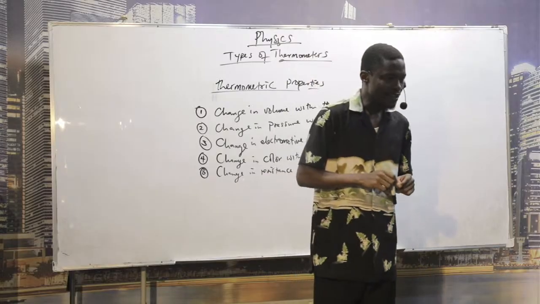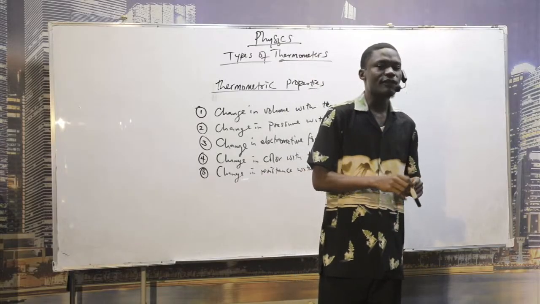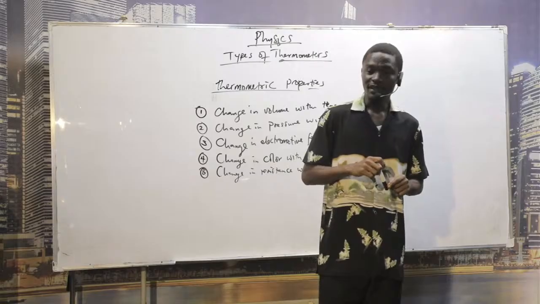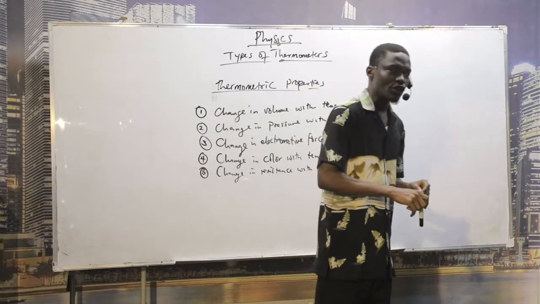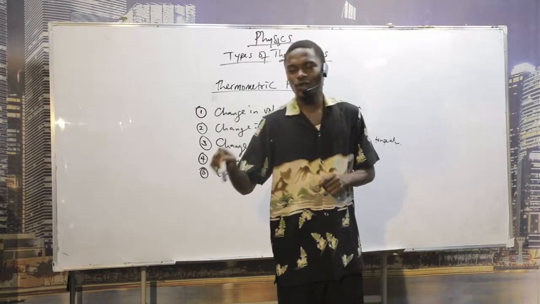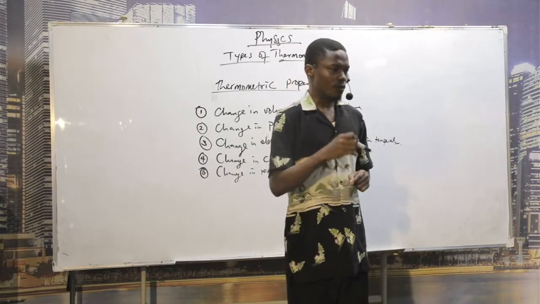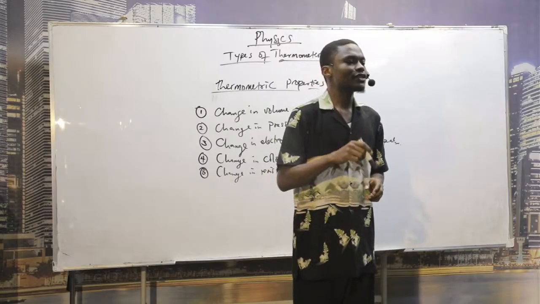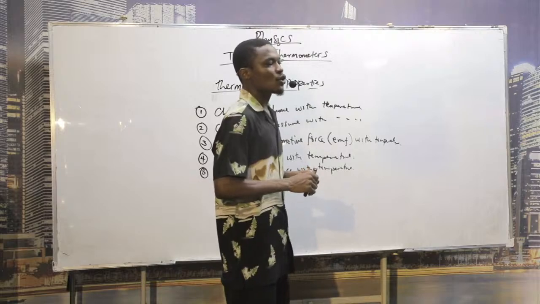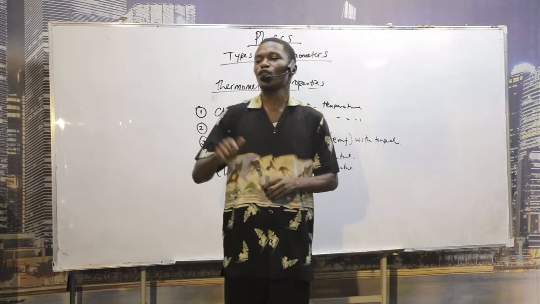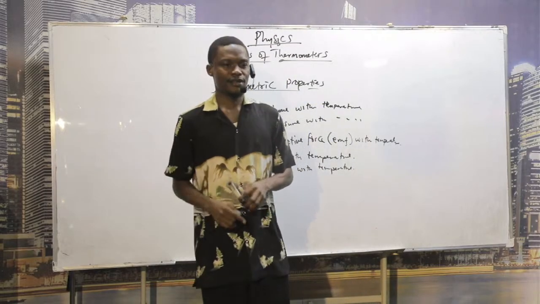So we now said that the thermometer makes use of a physical property that changes with temperature to measure temperature. And that physical property is what we call thermometric properties. So WAEC 2026, question number 7B.